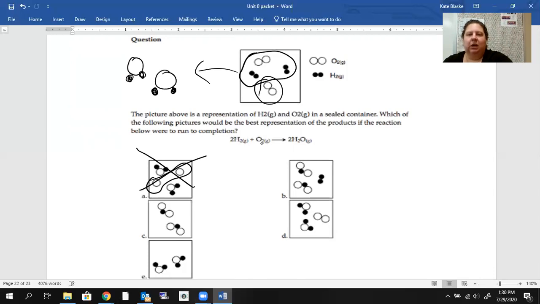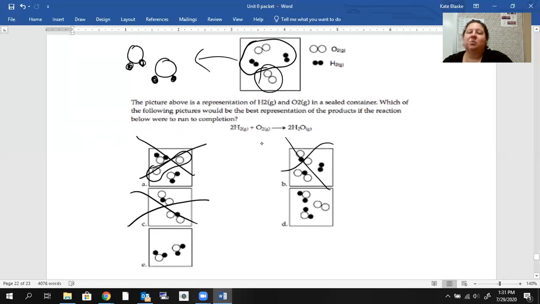That's 2 oxygens and a hydrogen. So that's out. C, again, that's 2 oxygens and a hydrogen. That's out. D looks promising. There's the 2 water molecules that we made, plus that excess oxygen. And then E shows the 2 water molecules, but it doesn't show the excess oxygen, so that one is out. The answer would have to be D.